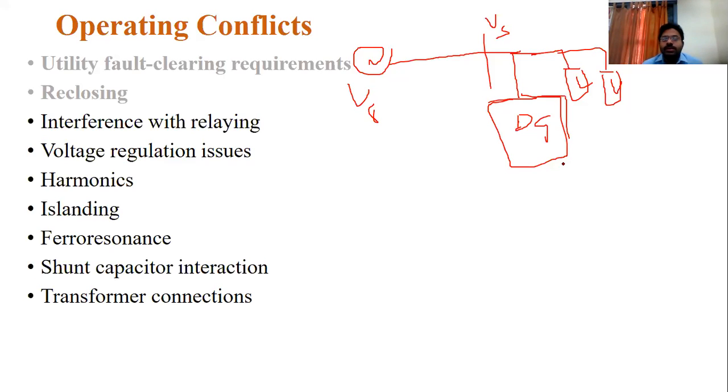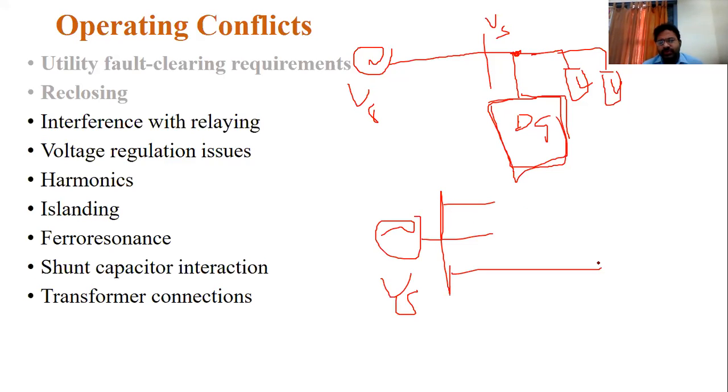In between, we have to protect these systems. Once again I draw a single line diagram, with feeder 1, feeder 2, and different types of feeders. These are the circuit breakers, CB, different types of protection equipment.